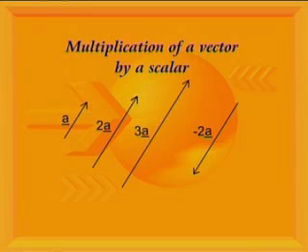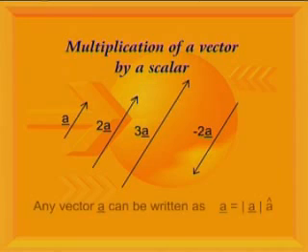Using this, we can write any vector A as the scalar multiplication of the unit vector along the direction of A with the magnitude of the vector A. So the vector A can be written as the magnitude of A times the unit vector in the direction of A. There are now two other types of multiplication remaining.